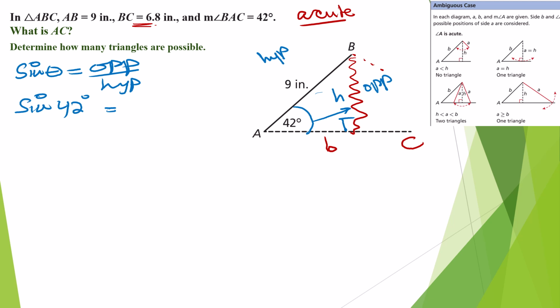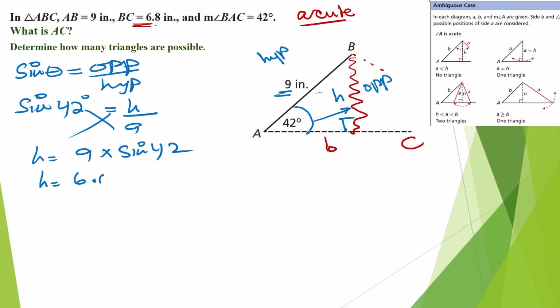Opposite I don't have, that means height. And the hypotenuse is 9. I cross multiply, so height equals 9 times sine 42. Write in the calculator 9 into sine 42, close the bracket, and the answer is 6.02. So your height is 6.02.